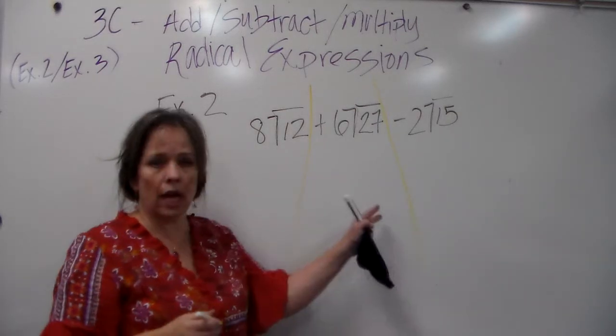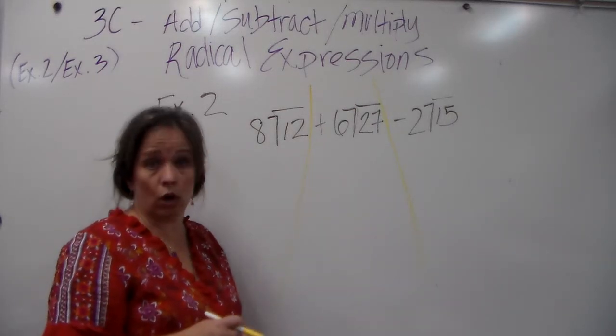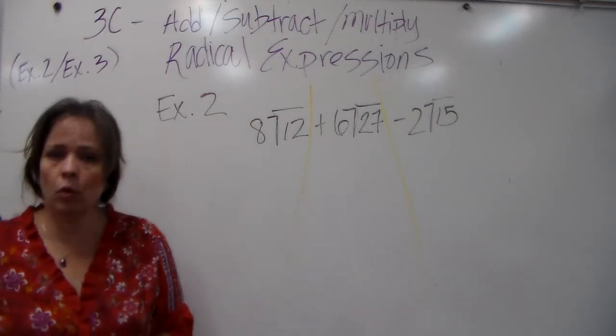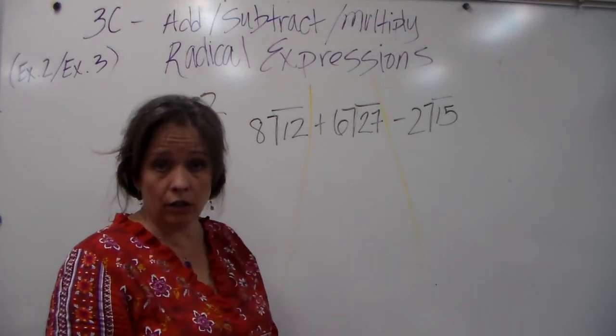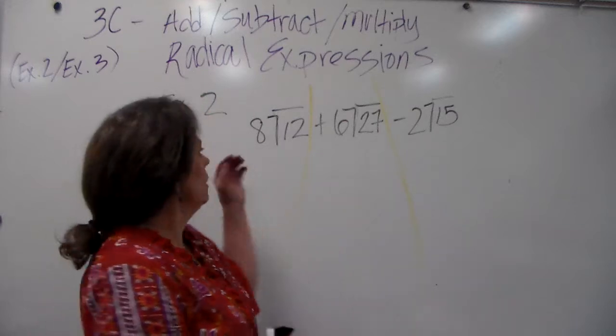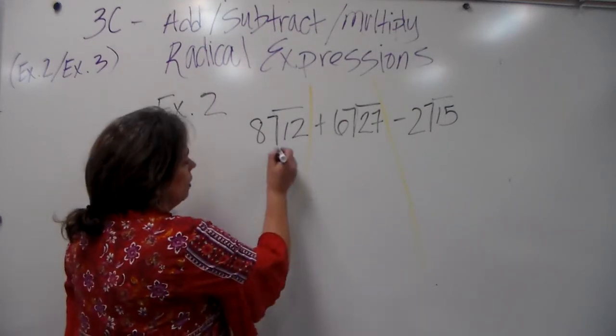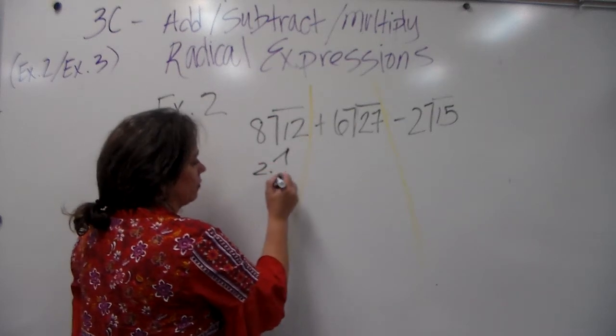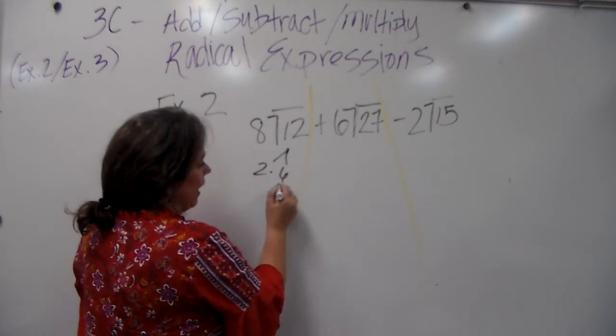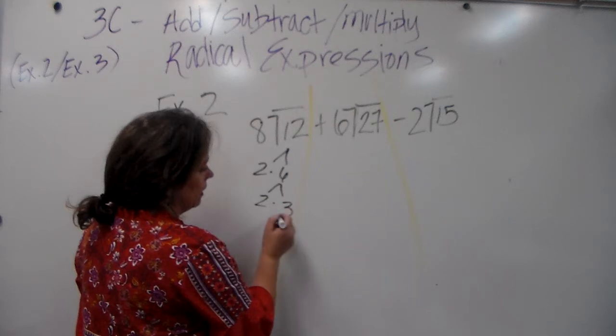These are just lines that help us organize our work, okay? So we're going to use our prime factors and our factor trees to see if we can simplify 8 square roots of 12. When we start simplifying it, we get a factor tree that looks like this.